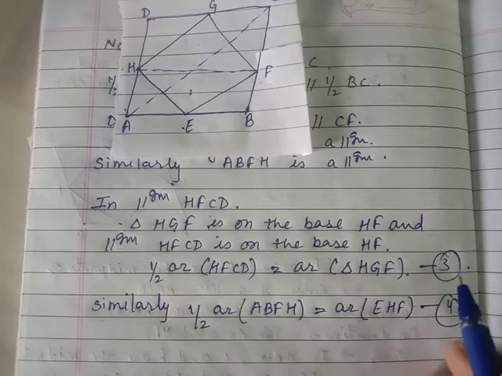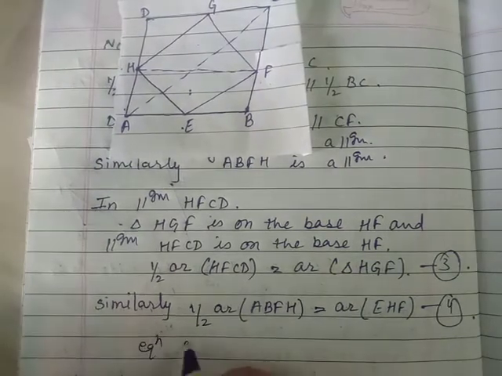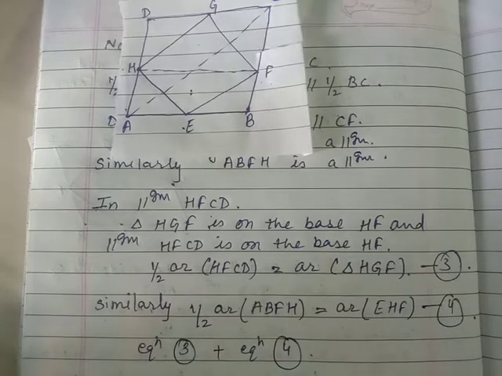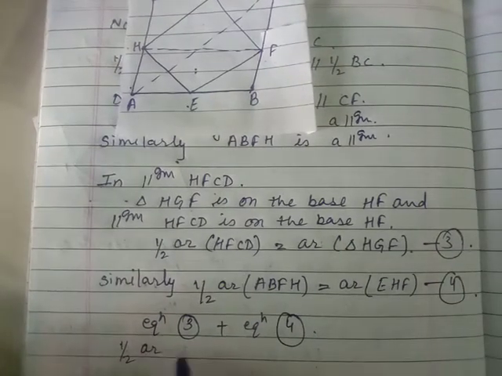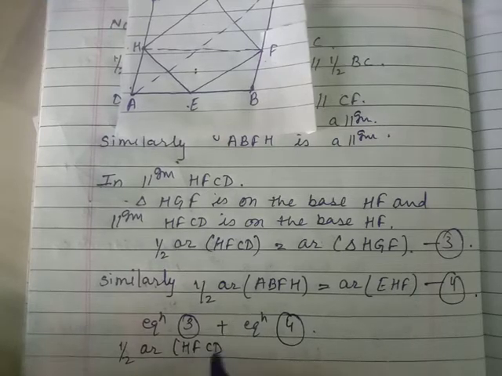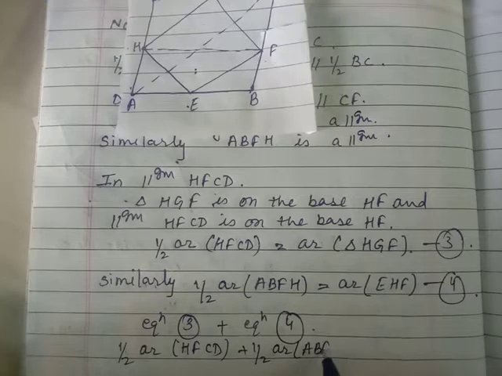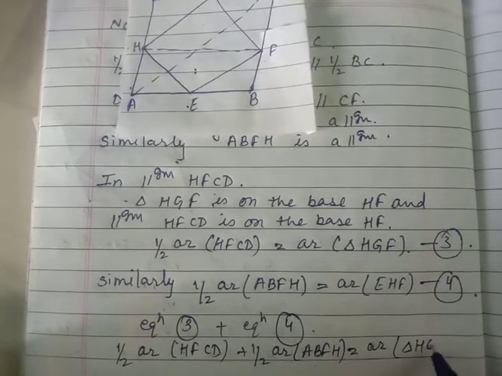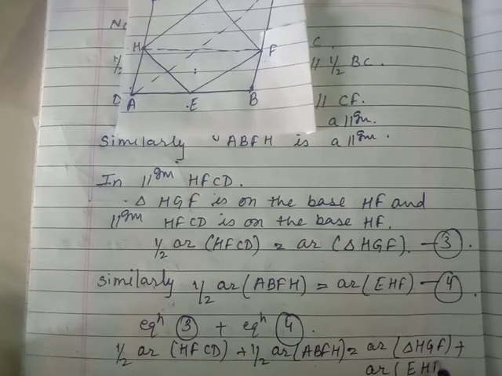Now we are adding equation 3 plus equation 4. Now let us see what we are getting. Half of area of HFCD plus half of area of ABFH is equal to area of triangle HGF plus area of triangle EHF.